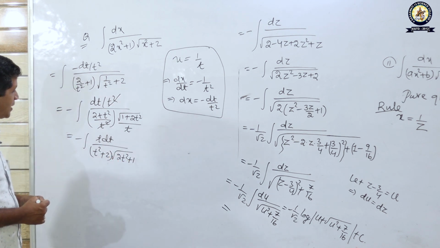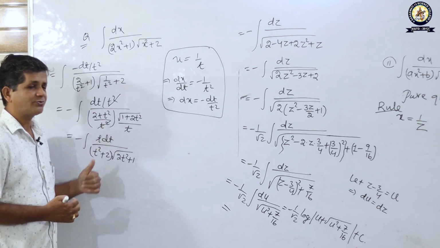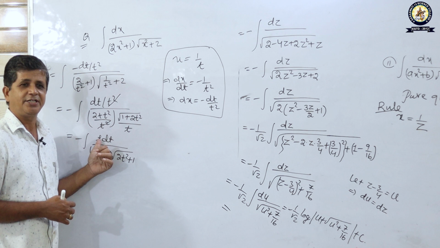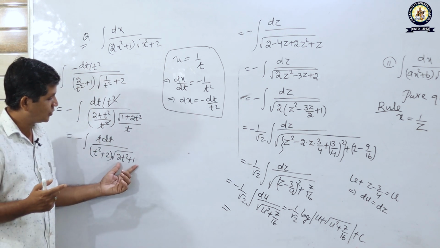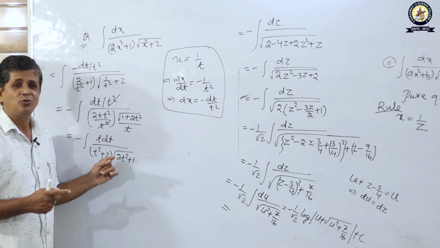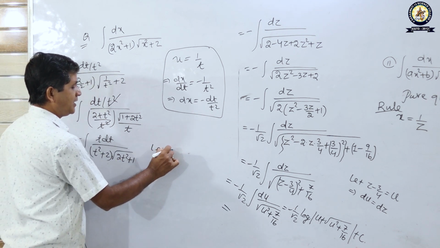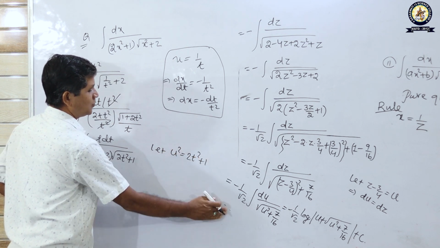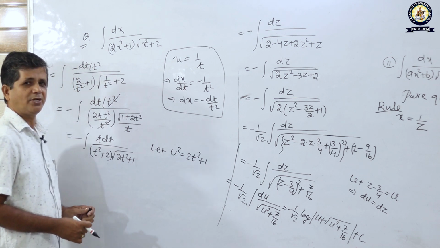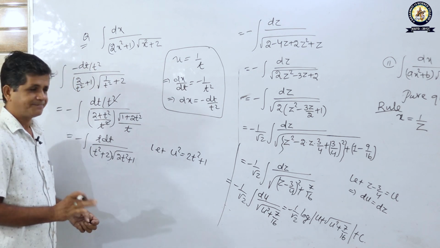Tell me, in which term is the derivative available? t square's derivative, t, is available. t is in the numerator, it is the derivative of t square. So in the root over term, 2t square plus 1 will be substituted. Let u square equal 2t square plus 1. Why do we take u square, not u? Because if you take u square, then the root will be balanced.